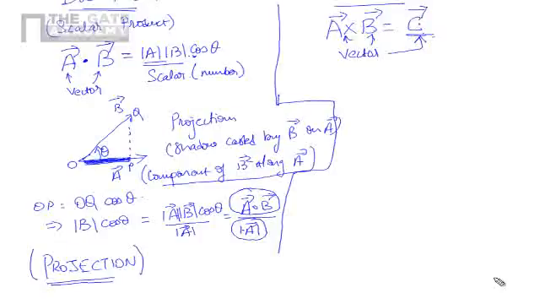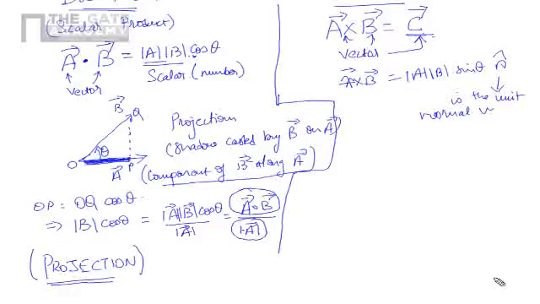Okay. Now the relation of A cross B is given by A B sin theta n hat, where n hat is the unit normal vector to the plane containing A vector and B vector.